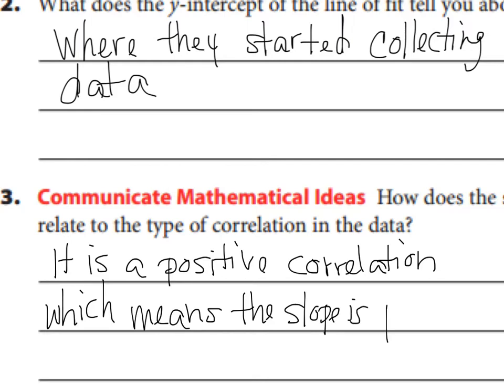So that's one way to check yourself, just as a quick check. If you have a positive correlation, your slope should be positive, and if you have a negative correlation, the slope should be negative.